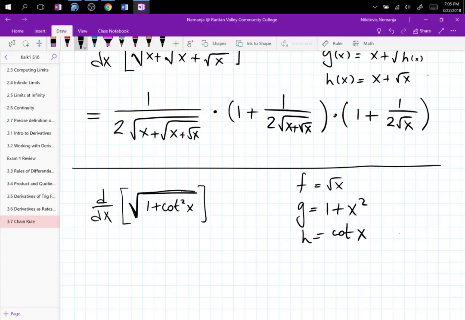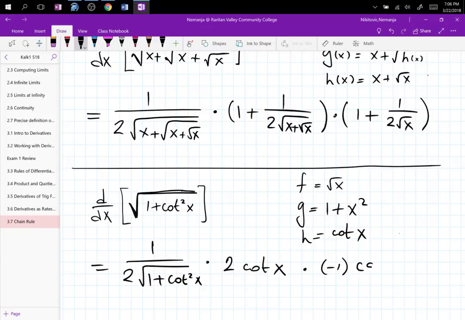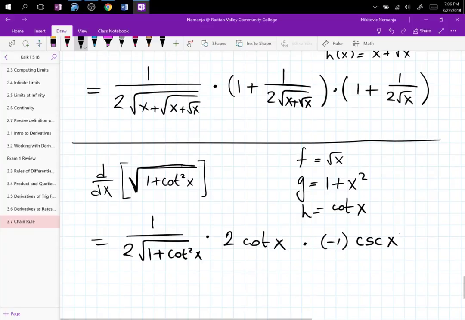The derivative of square root of x is? Exactly. So we have to put 1 over 2 square root of 1 plus cotangent squared x times the derivative of 1 plus x squared, which is just 2x, which is 2 cotangent x times the derivative of cotangent, which is negative cosecant squared.